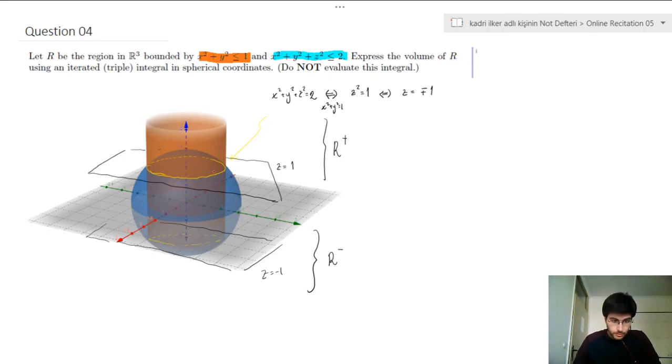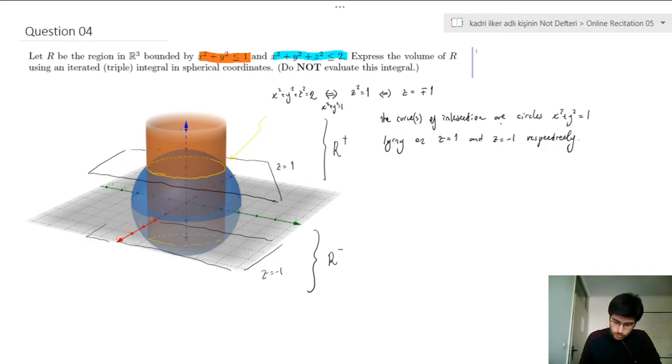Therefore the curves of intersection are just circles, which are given like this: x squared plus y squared equals 1, lying on z equals 1 and z equals minus 1 respectively.